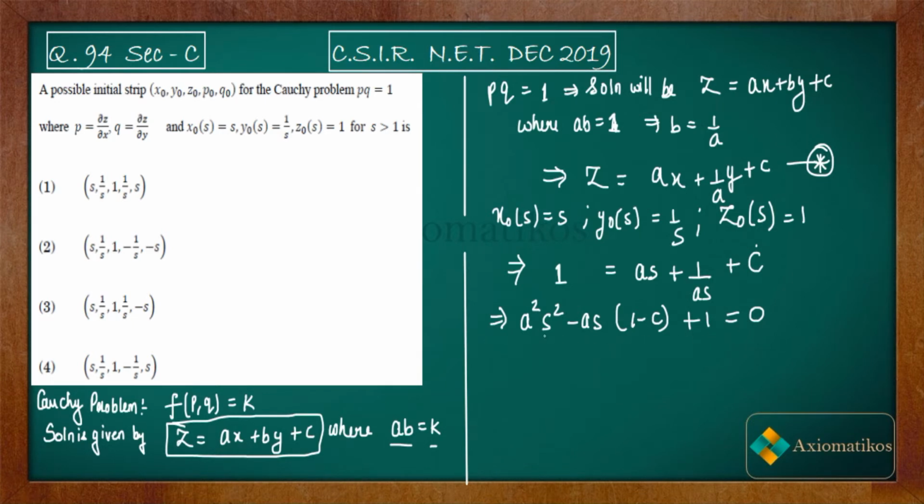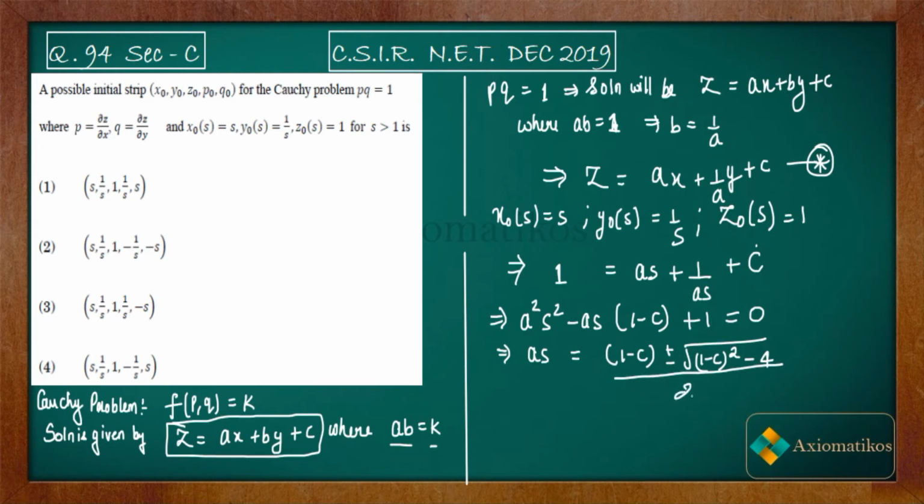So from here we see it's a quadratic equation in the variable as. So if it is a quadratic equation in the variable as, then the value of as should be given by 1 minus c, the minus is already cancelled by the minus here, plus minus under root of 1 minus c whole square minus 4, over 2.